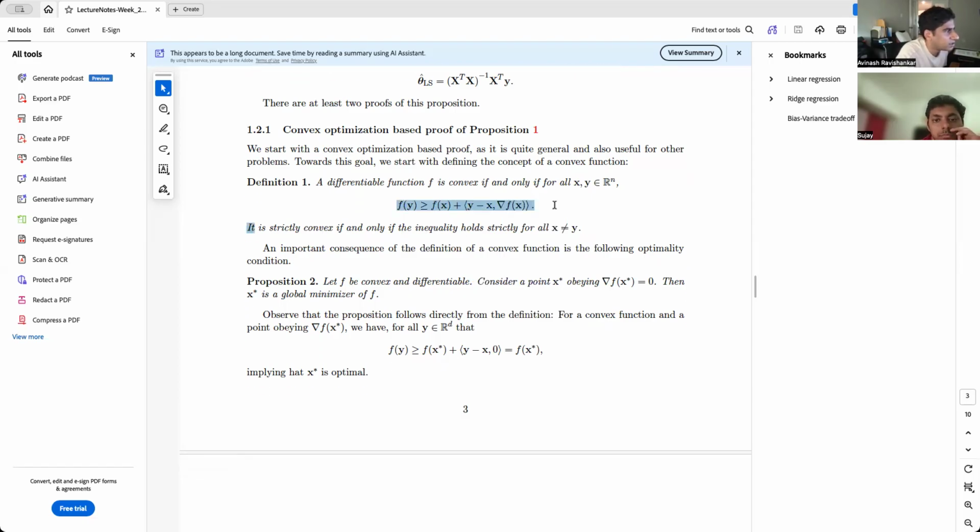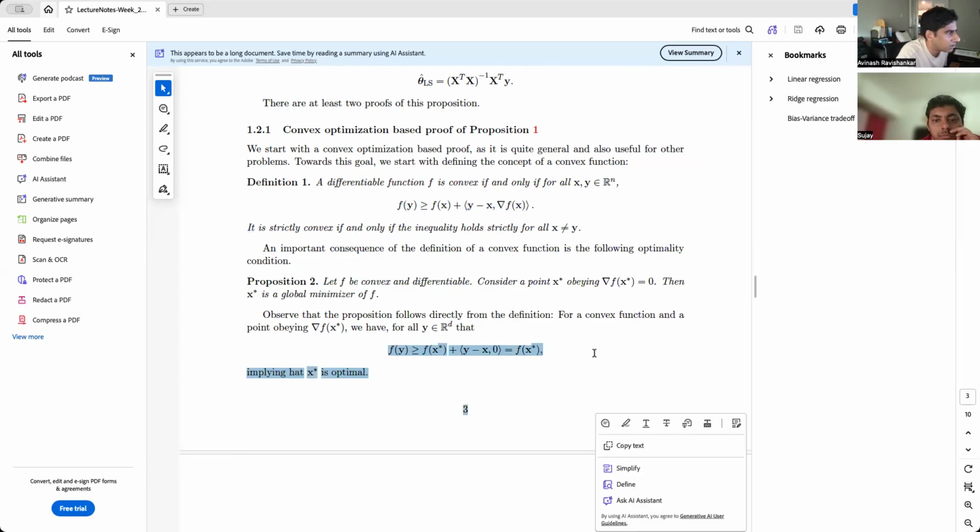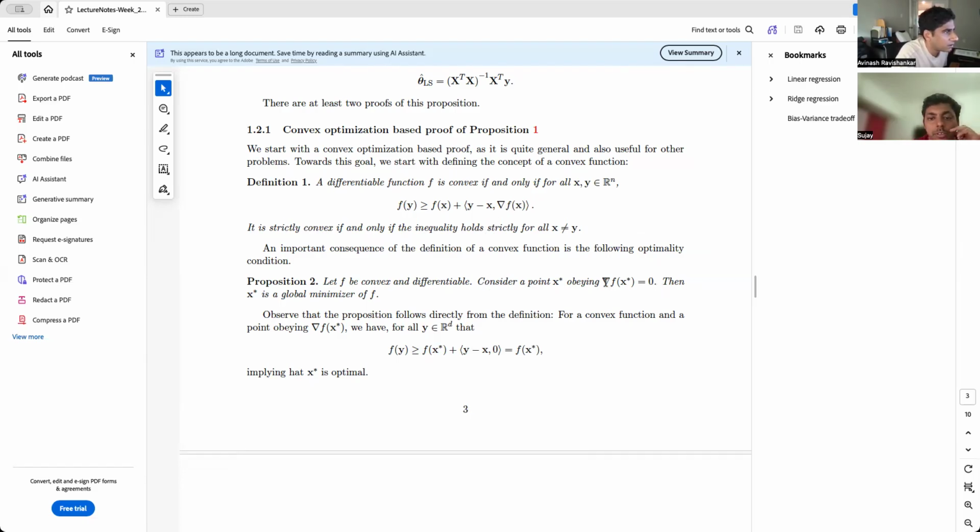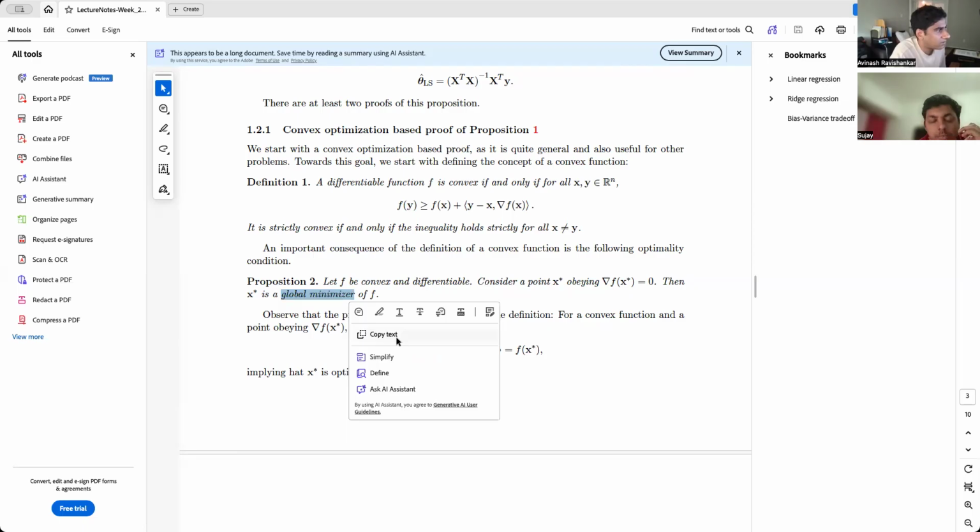What is the difference here? It's not a difference. It's just applying it for the special case that the derivative is 0. Because then that'll be a global minimizer, right? Yes, that's what we are proving: this is not a local minimum, it's a global minimum.